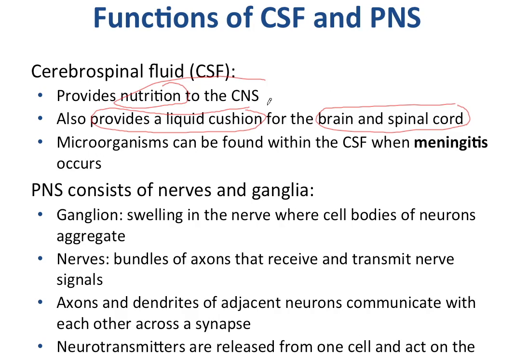However, since cerebrospinal fluid is located between the nervous system and the bone surface, it can decrease the friction between the nervous system and the bone surface to prevent nervous system injury, right?